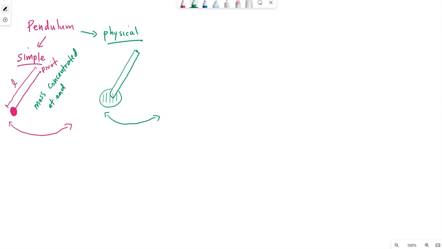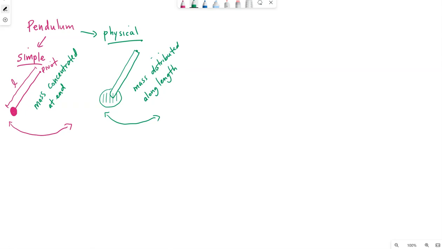In a physical pendulum, the mass is not concentrated at the end. It's distributed somehow along the length. That's ultimately the difference. In either case, it's the force of gravity that is causing the swinging of the pendulum.